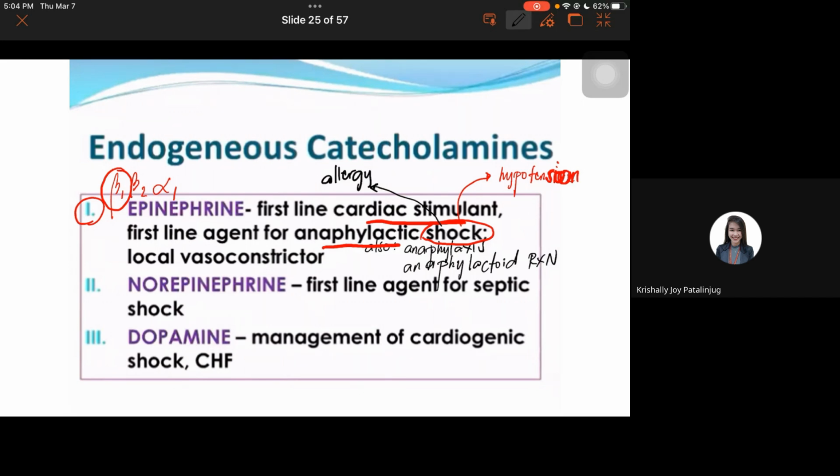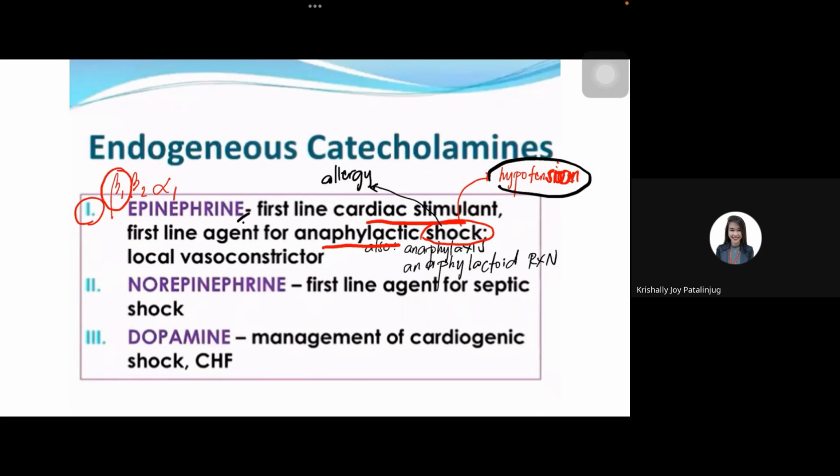Now, with regards to the application of epinephrine to this condition, sabi dito first line pa nga siya as agent for anaphylactic shock, it actually has something to do with the hypotension effect. Diba sabi natin, kapag ang patient is at shock state, that is due to hypotension. Okay?